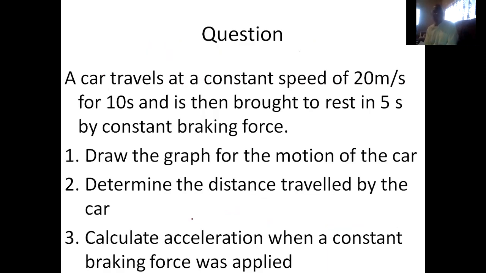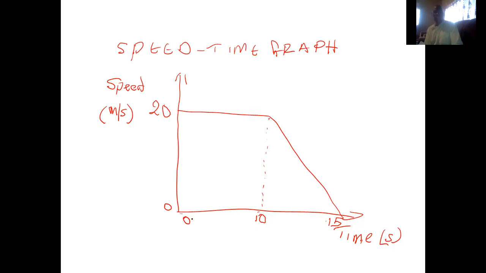And then part 2, determine the distance traveled by the car. The distance can be found by partitioning this graph, because we are aware that the area under the graph gives us the distance.